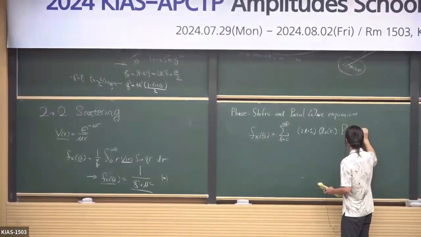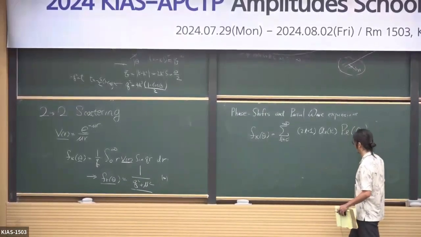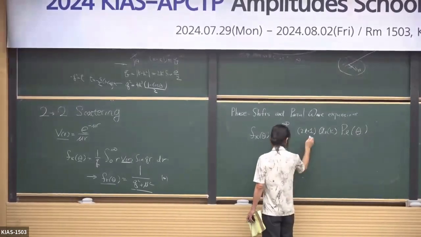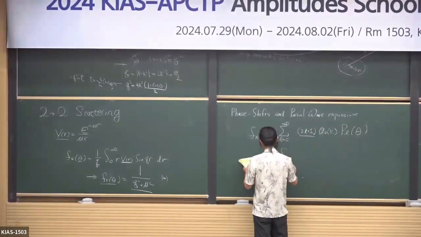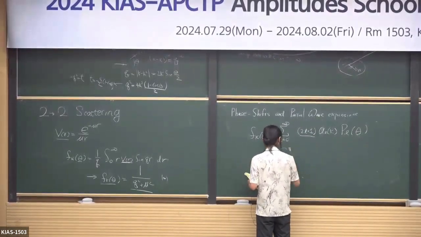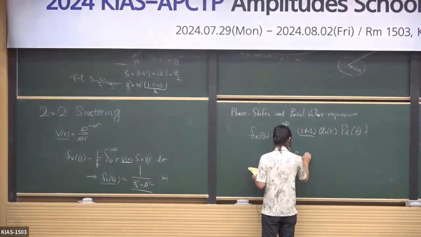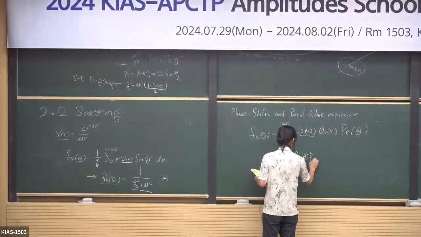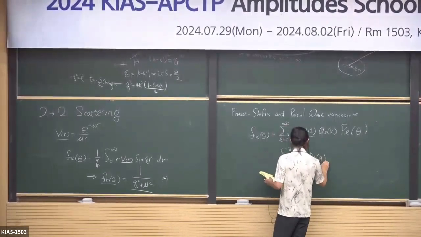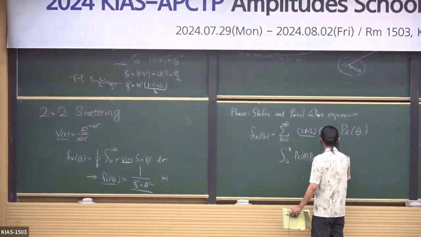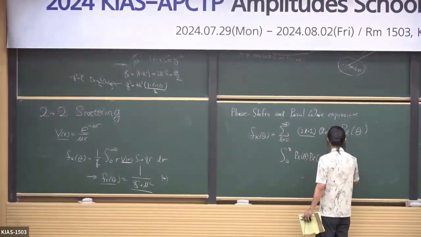This is just the Legendre polynomial. The reason you have this factor here is because the Legendre polynomial is orthogonal with respect to the phase space, with this orthogonality factor.